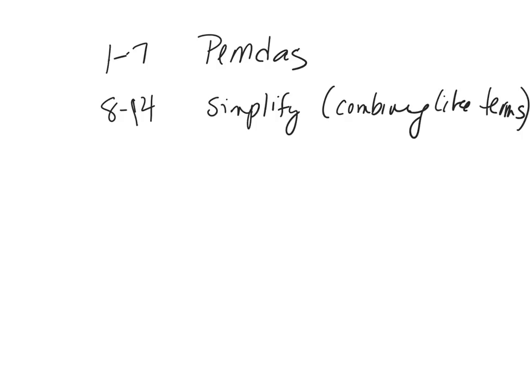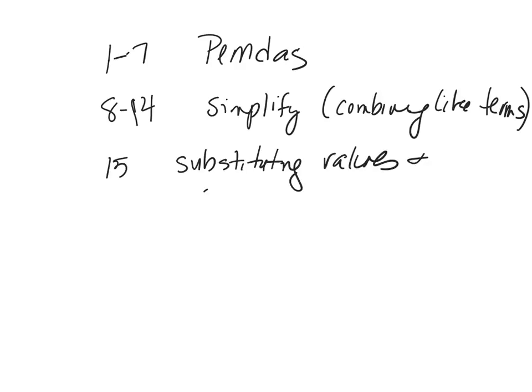Then we've got substituting values in for x, y, and z and simplifying, okay? So that's number 15, just number 15. Substituting values and simplifying. Just 15? That's all I see.